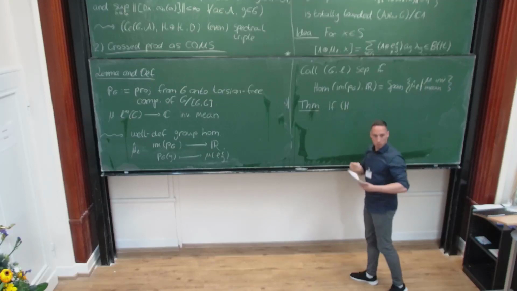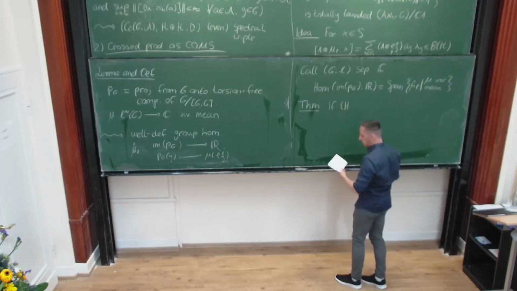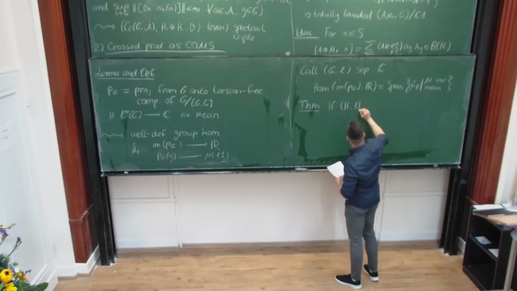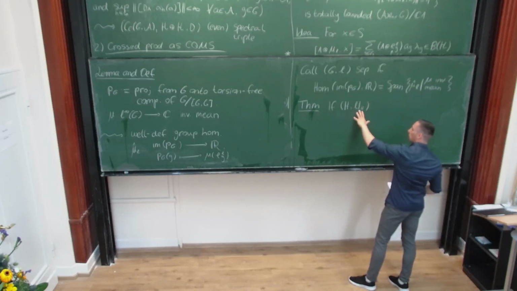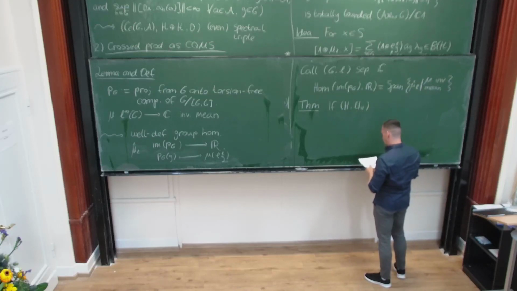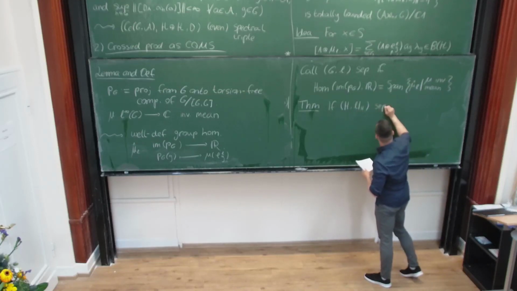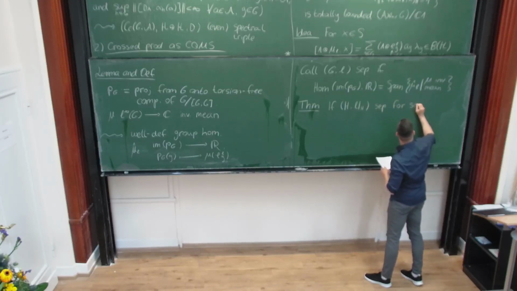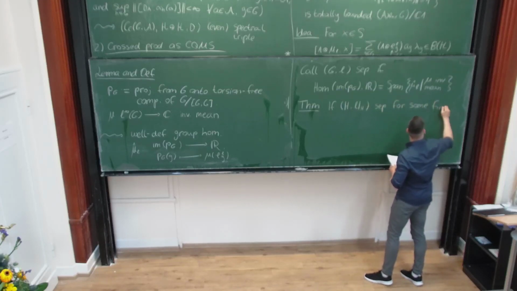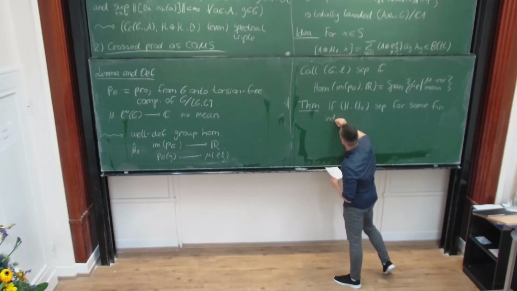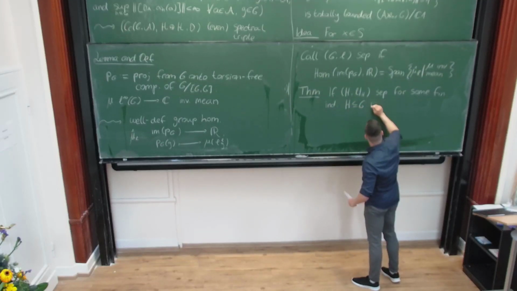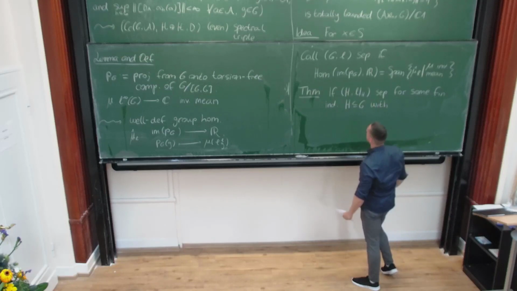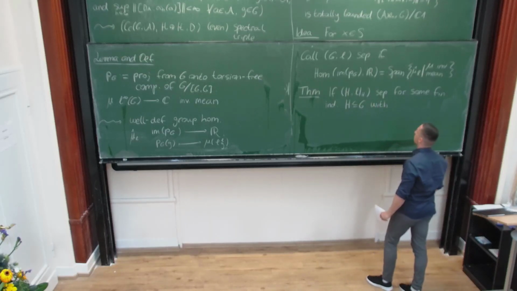in the setting from before, again, you have a group, you have a length function, and so on. If you find some finite index subgroup H in G, such that the restriction of L to H is separated, you also need, so this theorem holds in greater generality, but let me restrict to this case.